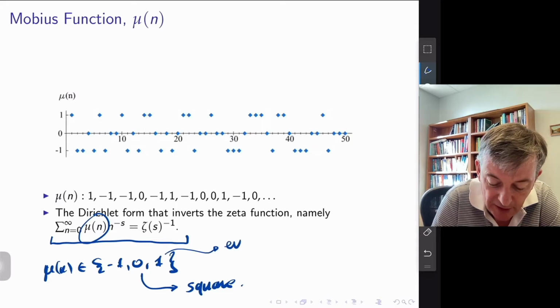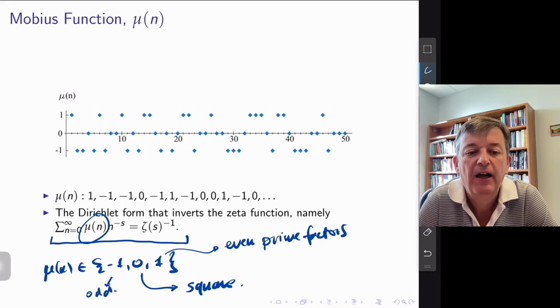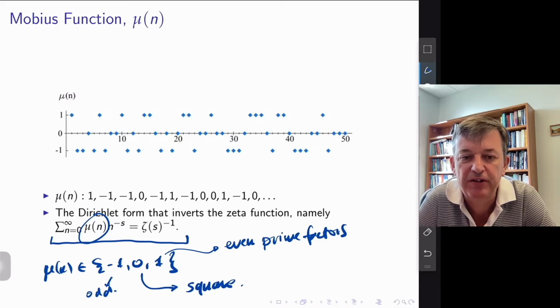And if there's an even number of prime factors, it's equal to 1. And if it's got an odd number of prime factors, it's equal to -1. So essentially you look at the prime factorization of a number. If it's square free, it'll either be -1 or 1. If it's got a square, it'll be 0.